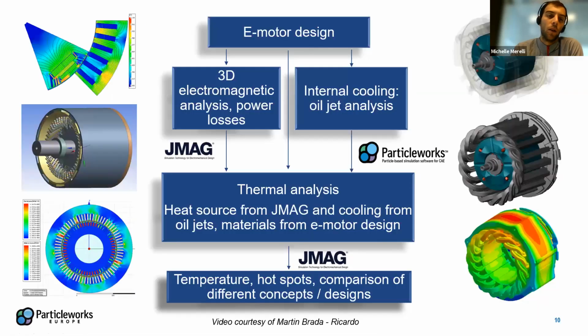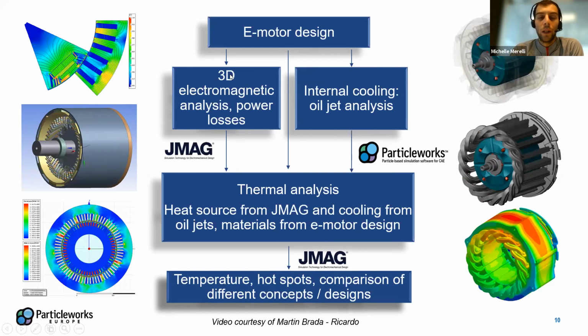So this is overall what we can provide, of course, in collaboration with software like JMAG. The workflow really starts from scratch, from the preliminary e-motor design, satisfying the requirements provided by the customer.